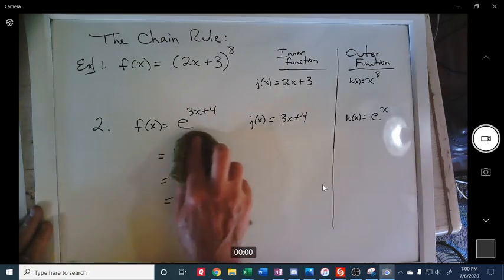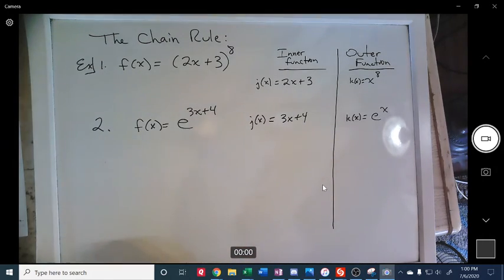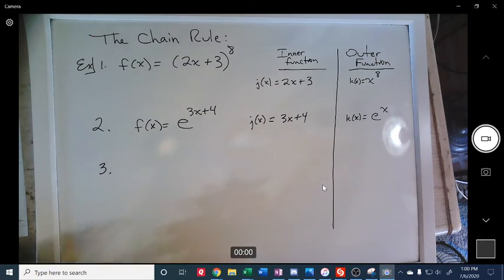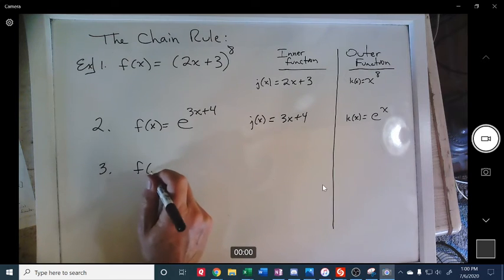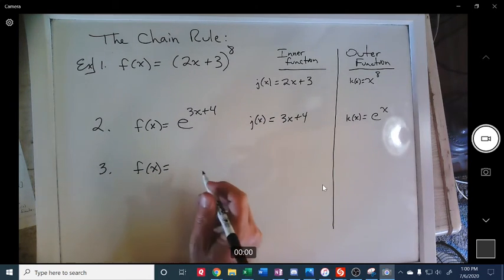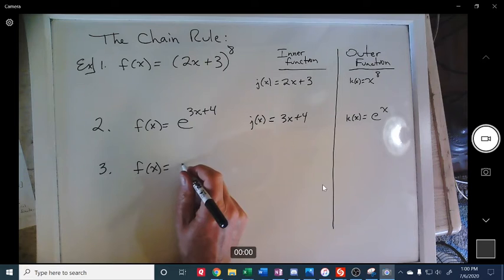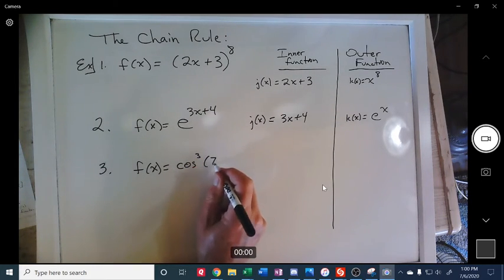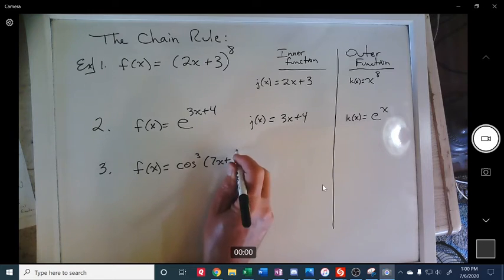Okay. And let me do another one. This one is going to be really tricky, but I'm going to change the question. It's cosine cubed 7x plus 5.